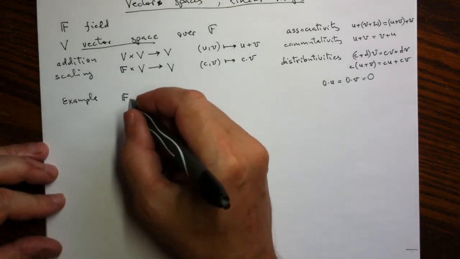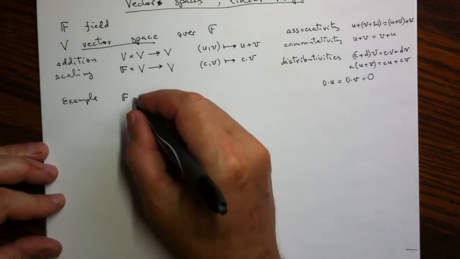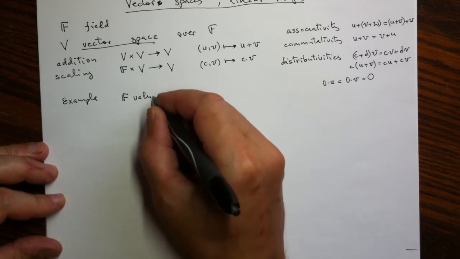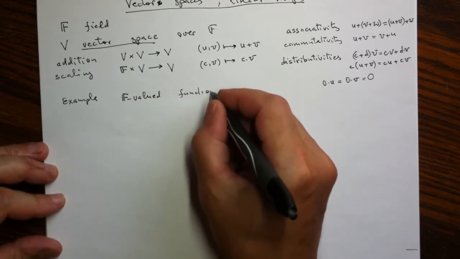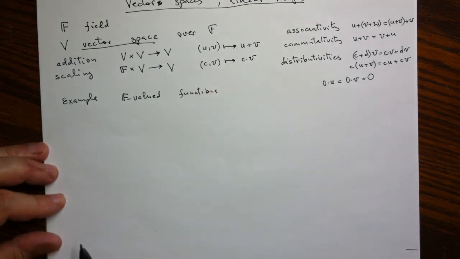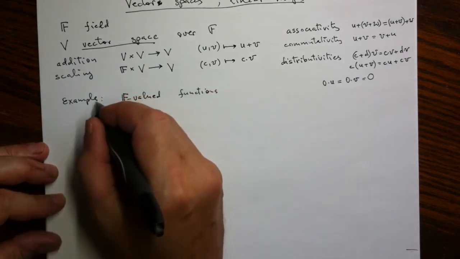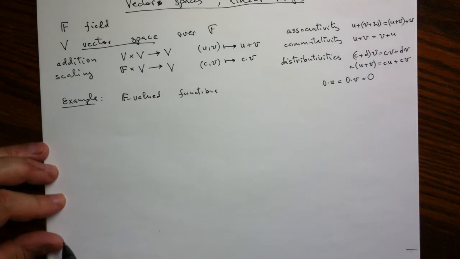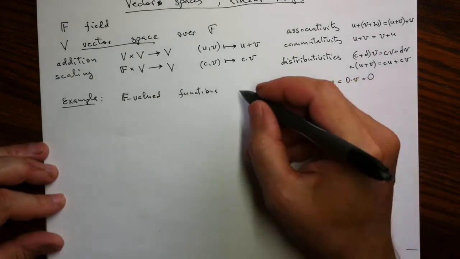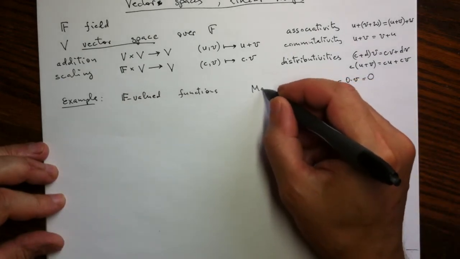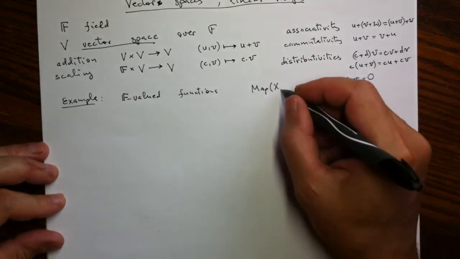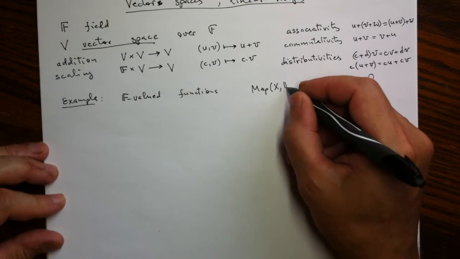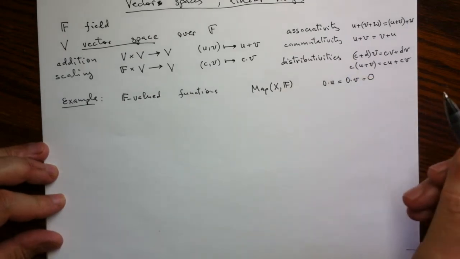The name of this example is F-valued functions. I will look at them as vectors, and the set of them I will denote as the set of maps from something, a fixed set X, into my ground field F.